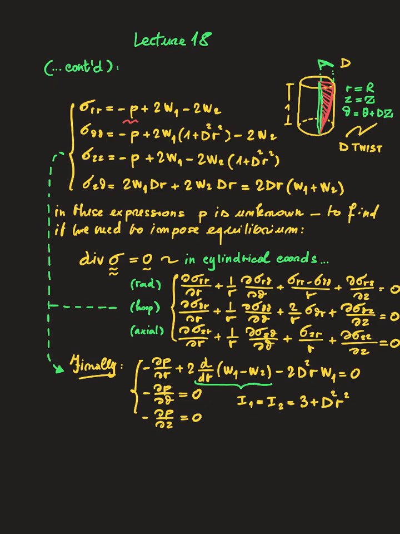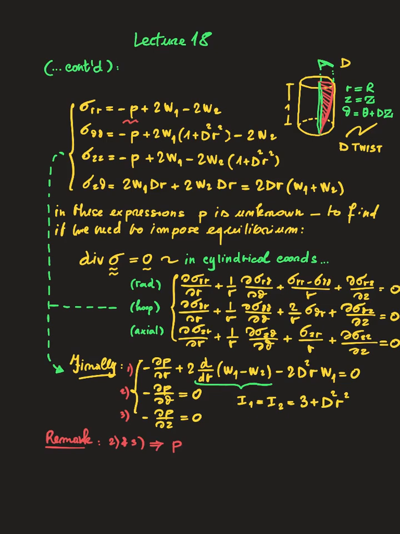This is the first observation that I want to make. The second observation is that, from equations 2 and 3, we see that the pressure should not depend on theta and z.